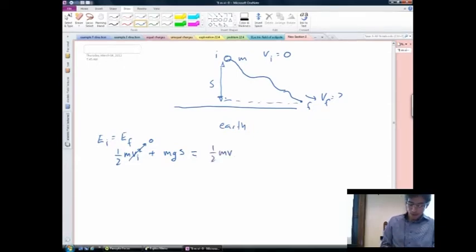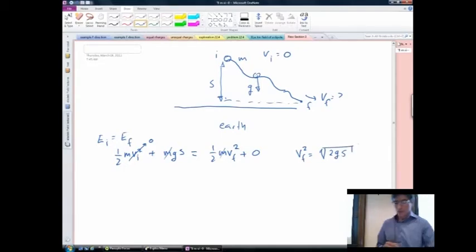The final energy is going to be kinetic, and since we are at the reference level, it won't have any gravitational potential energy. Right? So at all times this particle is acted on by gravity. So the final velocity of the particle, we cancel the m with the m, is the square root of 2gs. Right? So this is the approach that you would follow if we're talking about gravity.